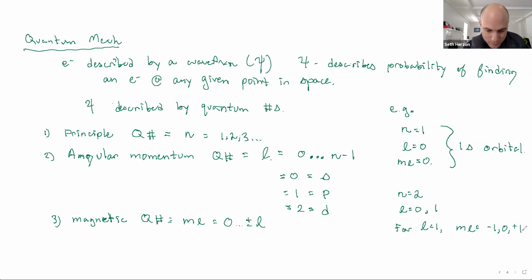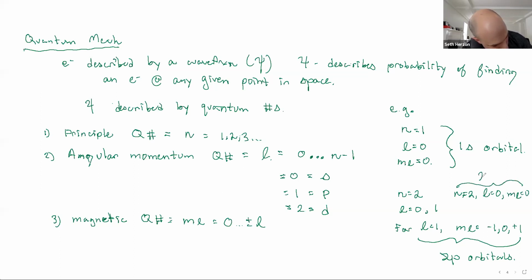These are what we call 2p orbitals. And n equals 2, L equals 0, M sub L equals 0 is a 2s orbital.